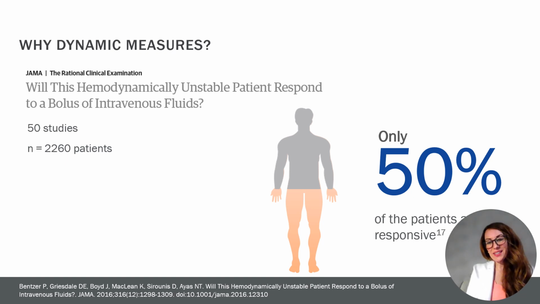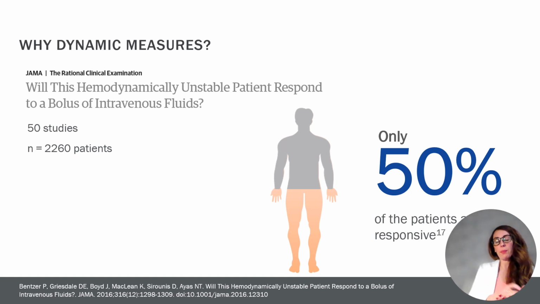All right, so again, let's continue the conversation around why dynamic measures instead of static measures. And we're going to walk through a study that is a meta-analysis that talked about which percentage of patients would actually increase their cardiac output in response to further fluid. So when I say further fluid, these patients had gotten fluid resuscitated initially, so think like weight-based fluid, all right?